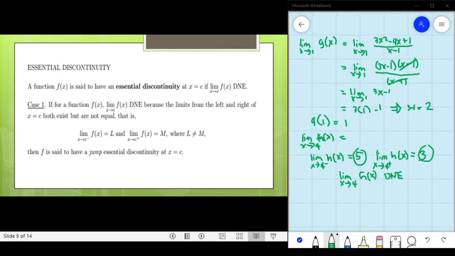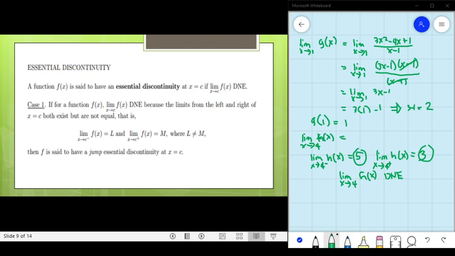The first case is if for a function f of x, the limit of f of x as x approaches c does not exist because the limits from the left and from the right of x equals c both exist, but they are not equal.